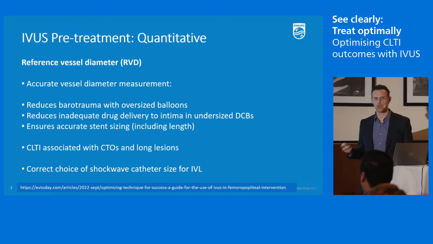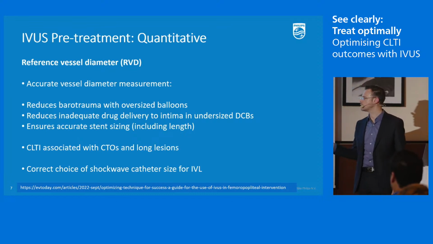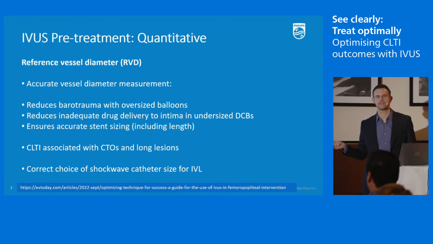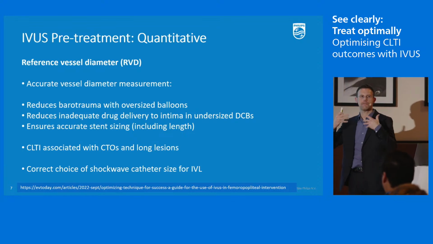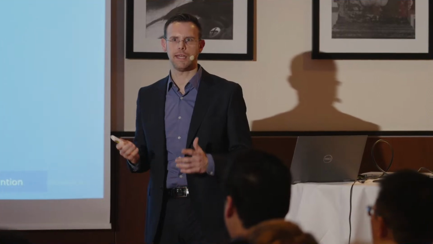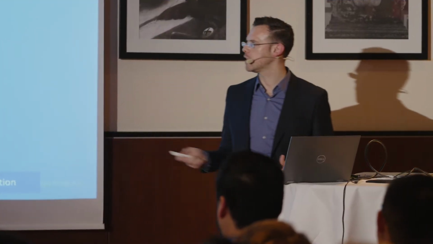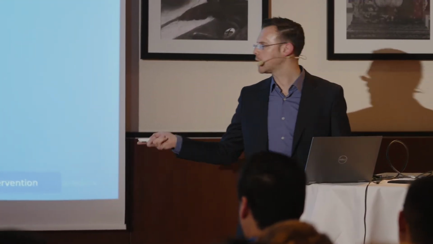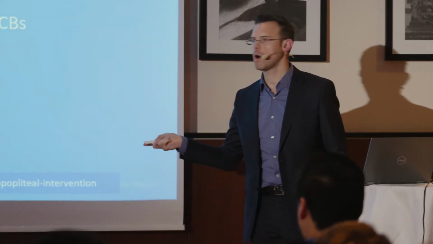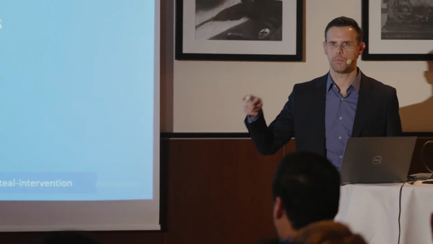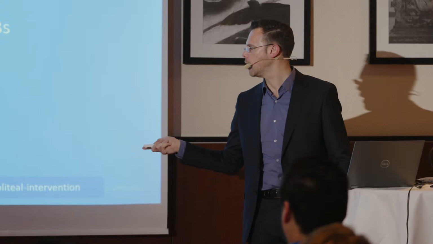Those states that we're talking about, the CLTI populations, are associated with those predictive factors that render angiographic estimation of RVD that much more difficult, such as CTOs and long lesions. And of course, then again mentioned, IVL requiring a 1 to 1.1 or 1.2 oversize.